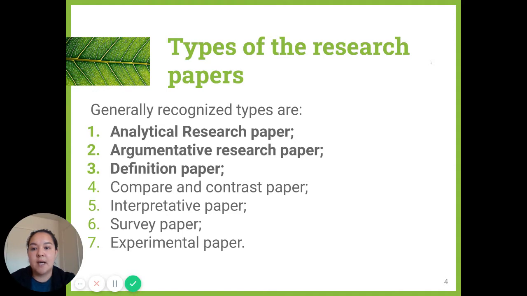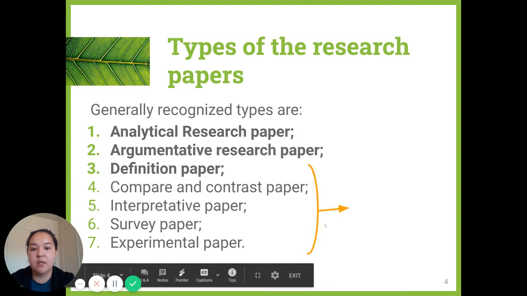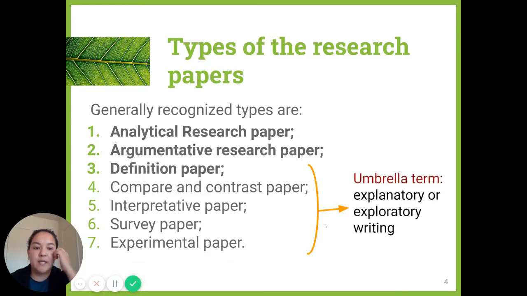So as you can see, I have highlighted the first 3 types of research papers, and we're going to be closely working with the argumentative research paper and the definition paper. Definition paper falls under the umbrella of explanatory or exploratory writing.